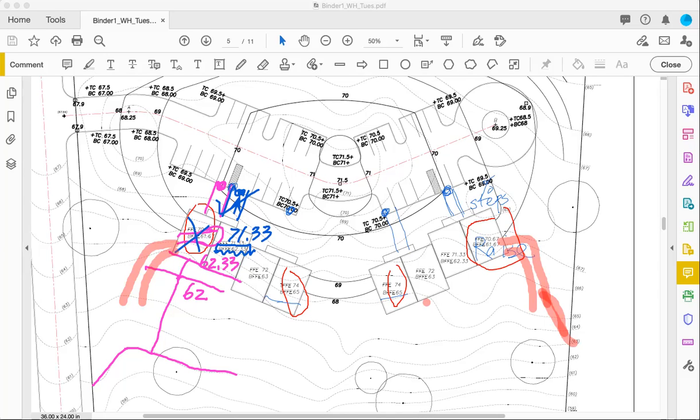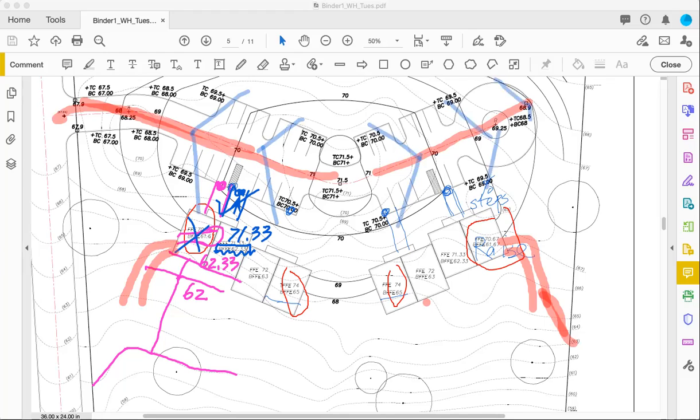Same with the parking lot. I'm so confused with the parking lot because I have it graded so it drains to that drain inlet from there and to these two from there. So I'm very confused. Again, you have a crown, so you can see your water is draining both ways.